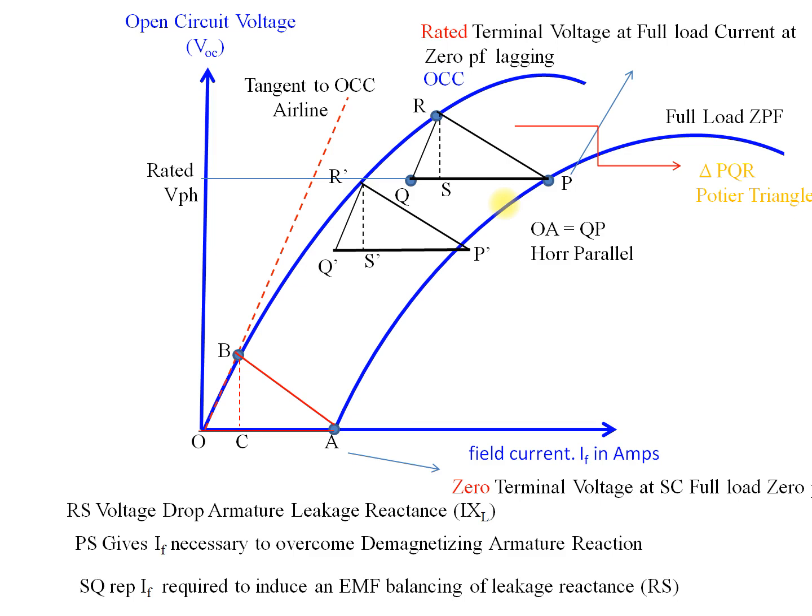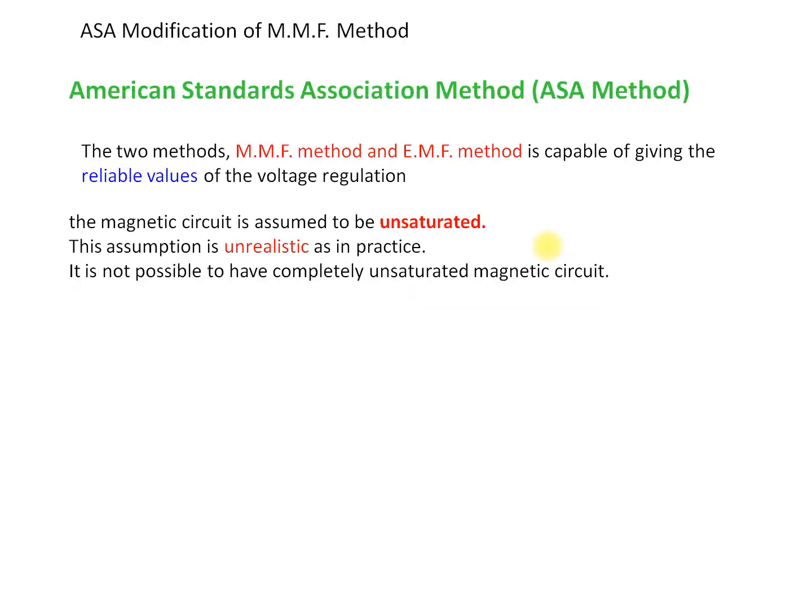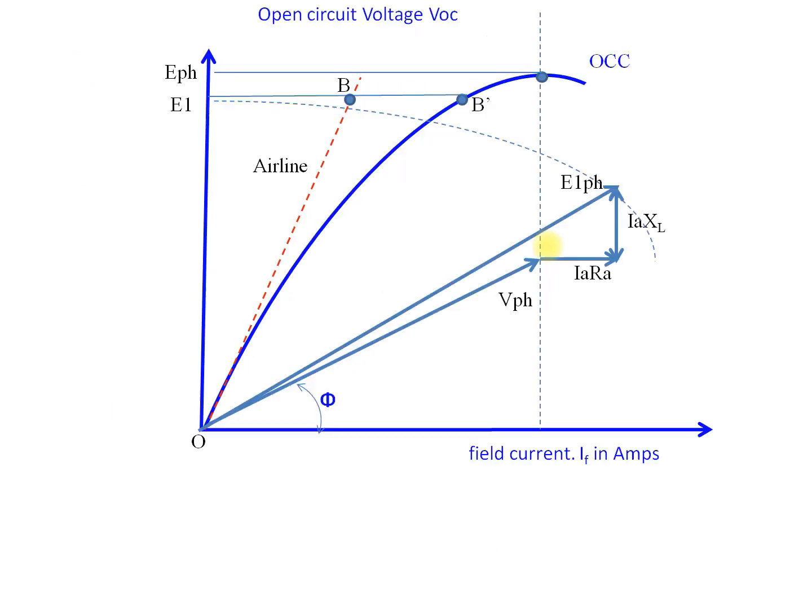From these IF values, we can find out the value of the EMF which is required. From these new values we can find out the value of the voltage regulation, which is the exact one for the machine.